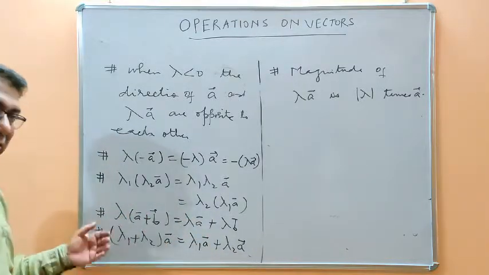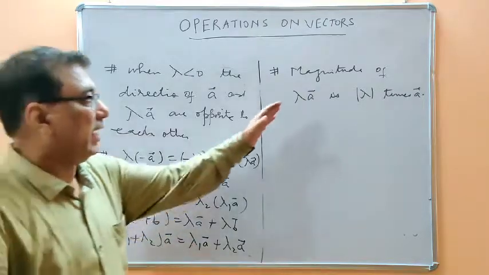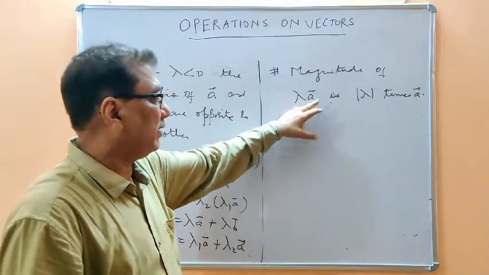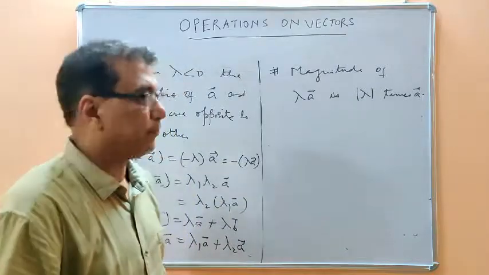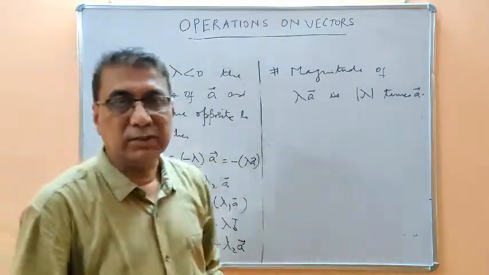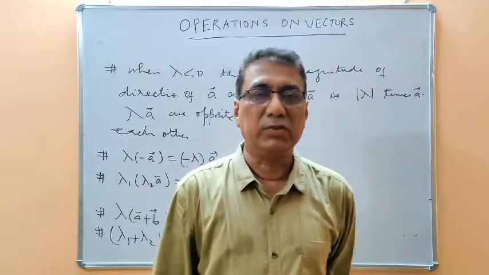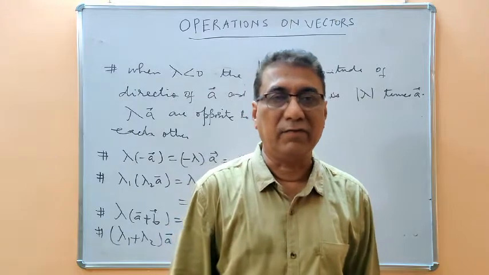And if a vector is multiplied with the sum of two scalars, then this will be the result. And the last one, but very important: the magnitude of lambda A is mod lambda times the magnitude of vector A. So this is the end of this video, and very soon I will come with the next video in which we will go ahead with vector operations.